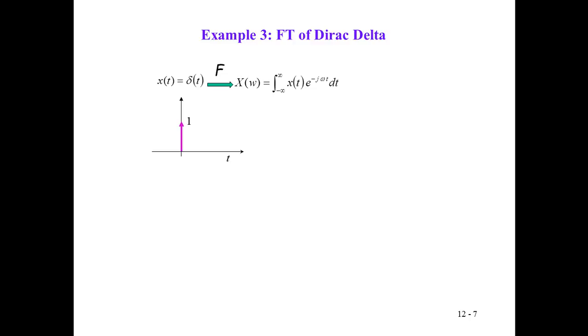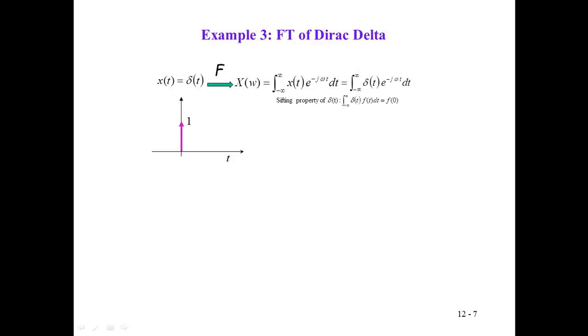To derive the Fourier transform of this Dirac delta functional, let's start with the definition of the Fourier integral. In the Fourier integral, substitute x of t by δ(t), and here we need to use a property of δ(t), that is the shifting property.